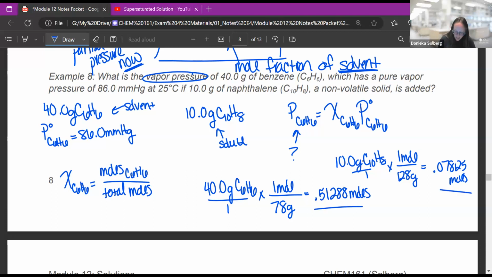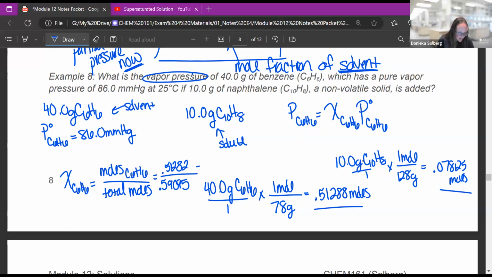Adding these together will give me my total moles. So that's going to go down here where my total moles is, and my partial is 0.51282 over my total, whatever those added together are, 0.59095. That is my X. Now I can plug that in.